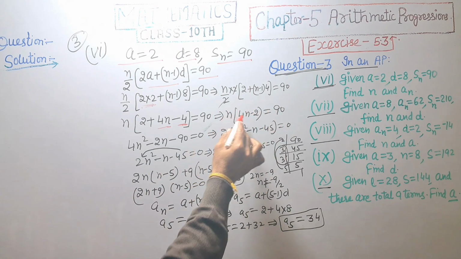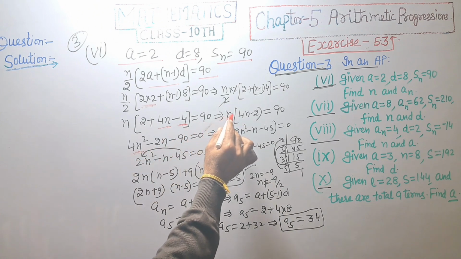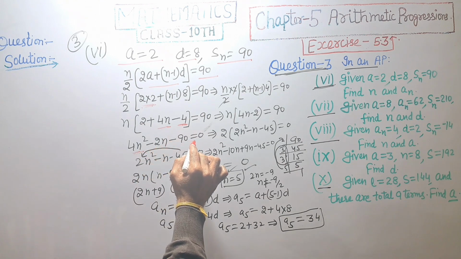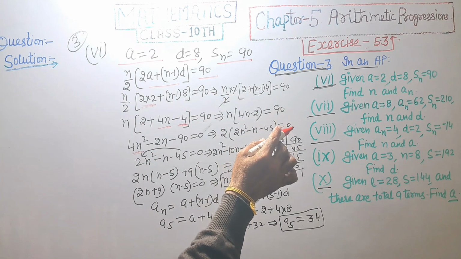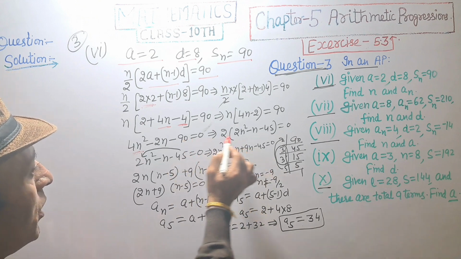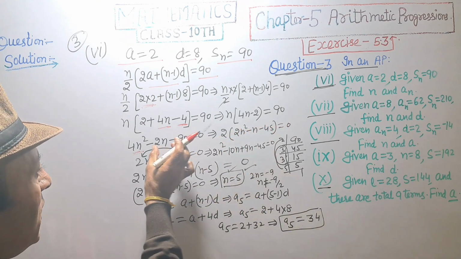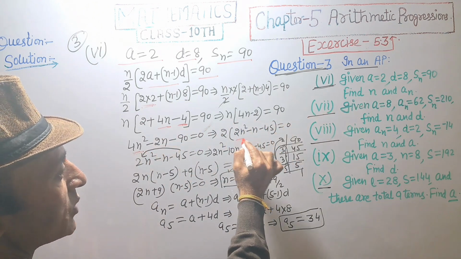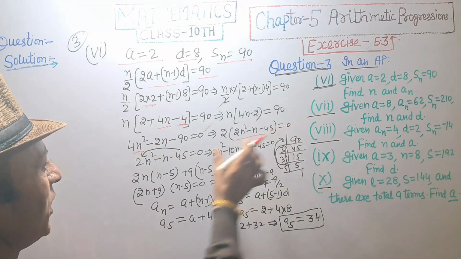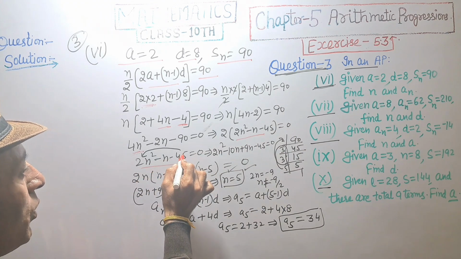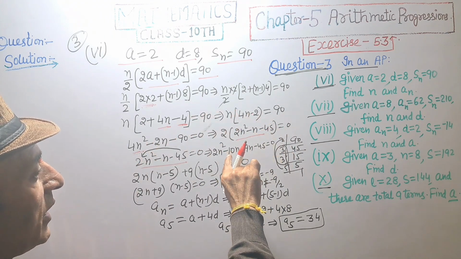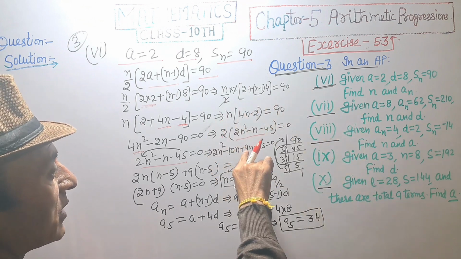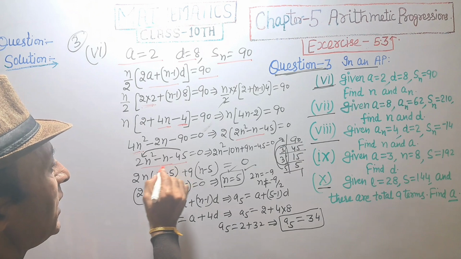n multiplied by 4n, that is 4n square minus 2n. Shifting 90 to the left side, it gives a quadratic equation, and splitting the middle term, 2 is common in this quadratic equation, then 2n square minus n minus 45 is equal to 0. 45 2s are 90 and 10 multiplied by 9 is equal to 90, and 10 minus 9 is equal to minus n.